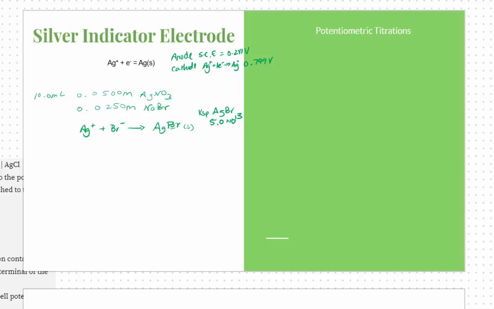First thing we're going to do with our titration is we're going to figure out what our VE is, or our equivalence volume. We're going to start with the volume of our silver solution, and we're going to multiply it by the concentration, 0.0500 moles of Ag per 1 liter of Ag solution. Because everything's 1-to-1, I'm just going to skip a little bit of the stoichiometry, but hopefully you can still follow along.